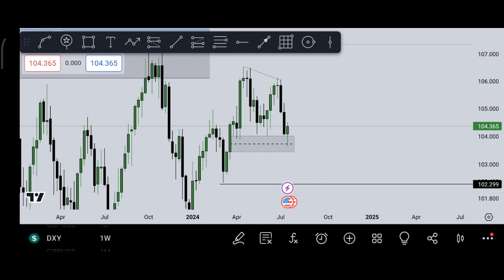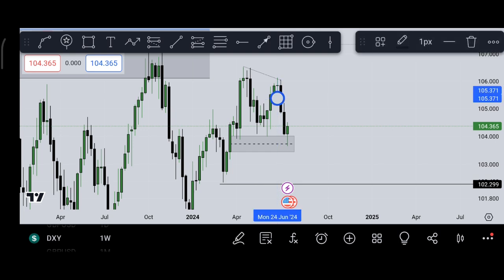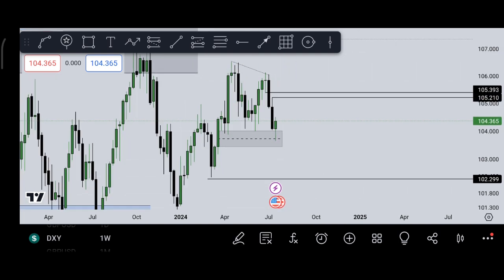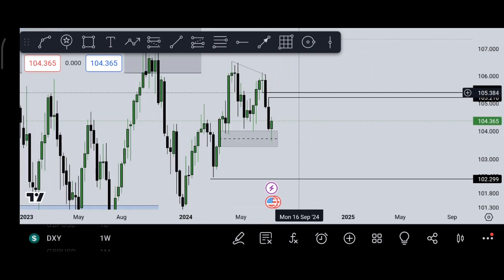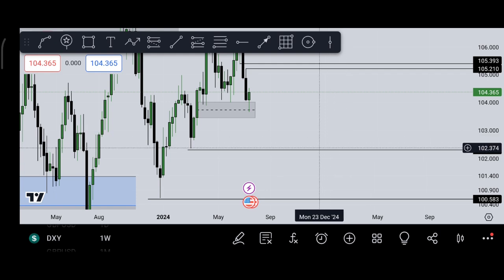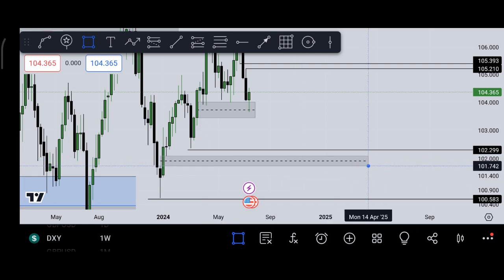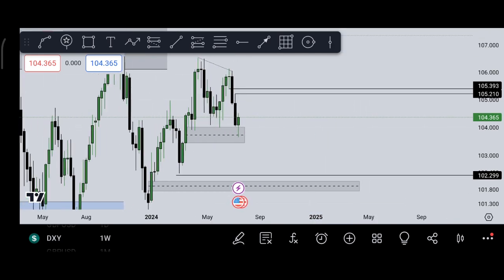Price rejecting from here, we might be aiming for price to come back into this inefficiency on the weekly time frame, to find balance or support and push downward more to take out all this liquidity right here, and possibly come fill the inefficiency down here. That's what I'm looking at here.